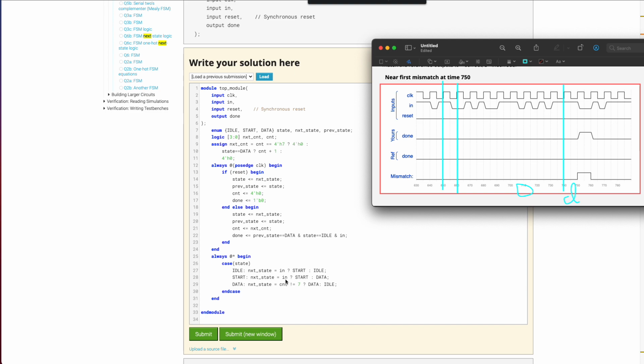So if in is 1, and we're at start, then we have to stay at start.